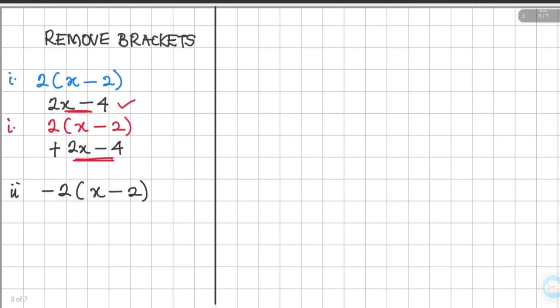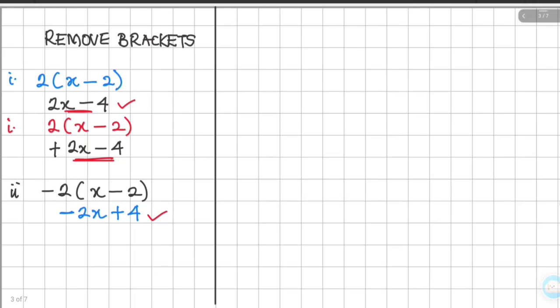So we have minus 2 times x, which is 2x. And again, minus times minus: they are both powerful and will neutralize each other, giving us plus. Then 2 times 2, we have 4. So here is the simplified form of minus 2 into the bracket of x minus 2.